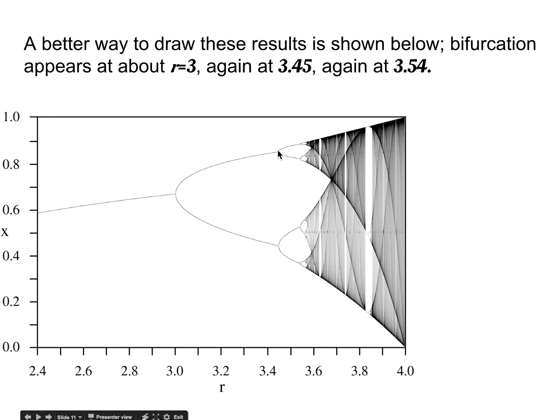3.45. Now at this point, any value for R greater than 3.45, if you draw a vertical line, you're going to get 4 values, 1, 2, 3, and 4. And that persists until you get to 3.54, and now imagine drawing a vertical line through here, and you're going to have 8 values.